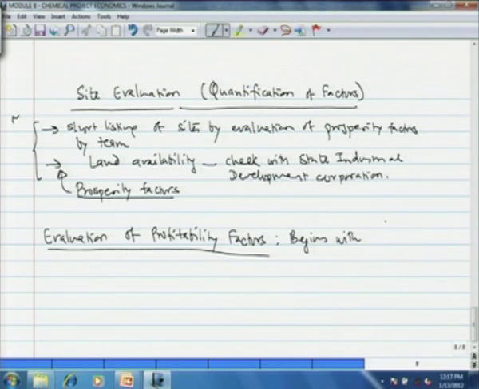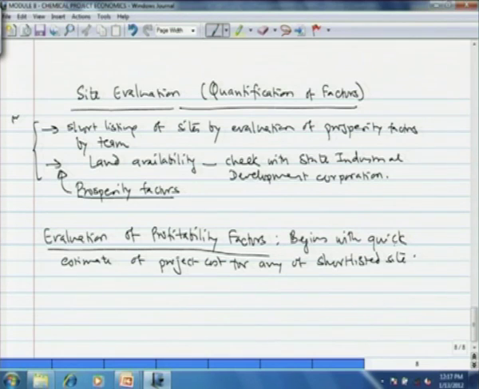So, at that point we note that evaluation of the profitability factor begins with a quick estimate of project cost, which need not go into great detail, for any of the shortlisted sites. Now, this becomes the base case over which we shall evaluate the other sites, the project cost of other sites.